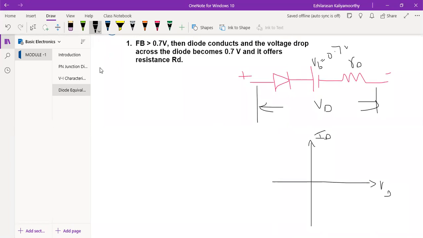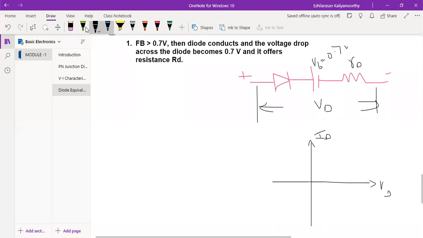Now when the diode is in forward bias, in the sense that the forward voltage is greater than 0.7 volt, then we know that the diode will conduct. If the diode conducts, then automatically the voltage drop across it will become 0.7.